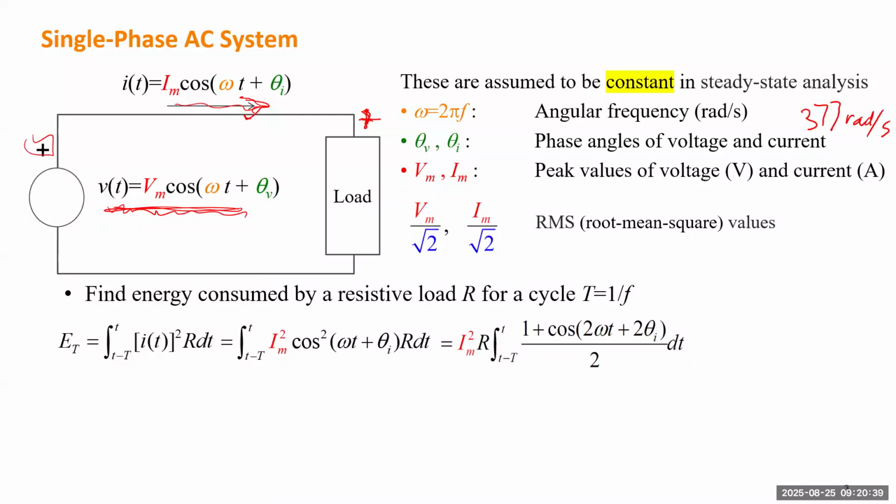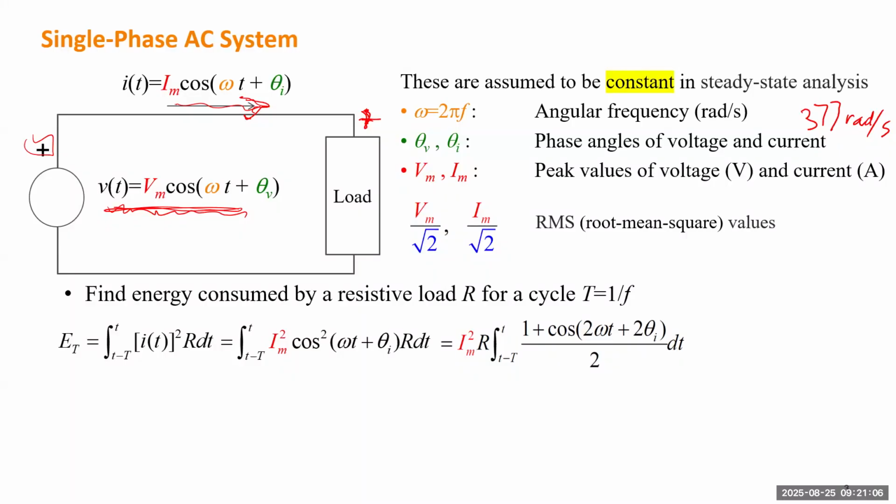Integrating the first one simply gives capital T divided by 2. The second term is a periodic function with double frequency, and we only integrate for 1 cycle, which contains 2 cycles of the double frequency. So the integration has to be 0, right?